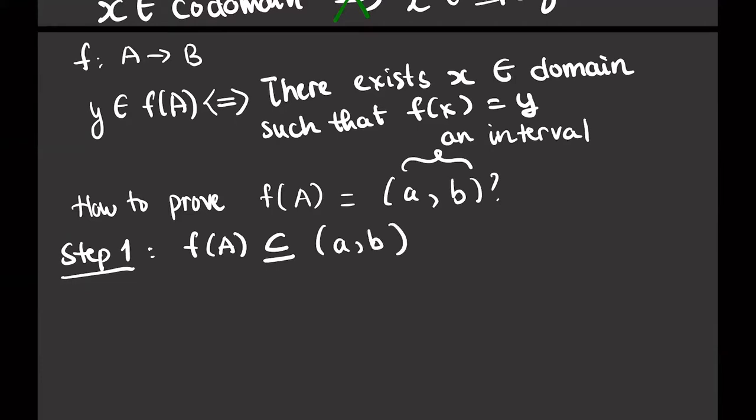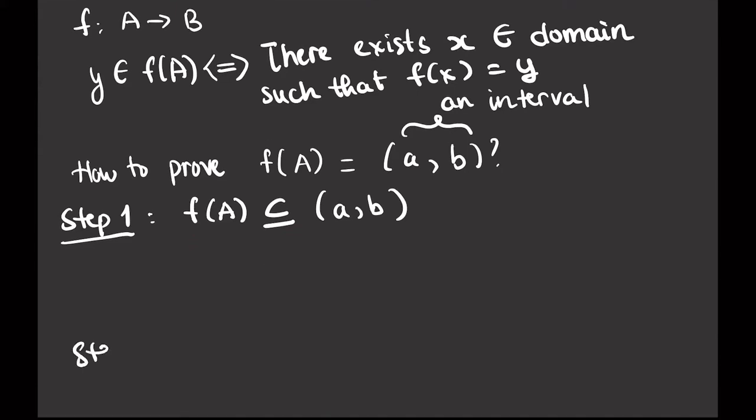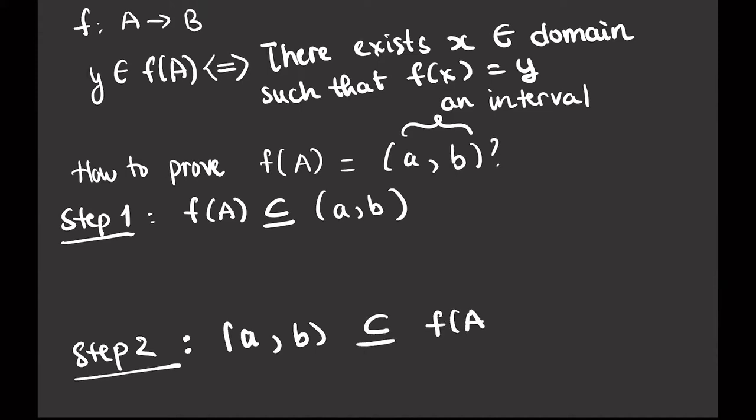This step is normally easier than the second one because when you find the image of a function, you kind of already do this step. And step 2 is not as familiar to you guys. You will have to prove the interval is a subset of the image.